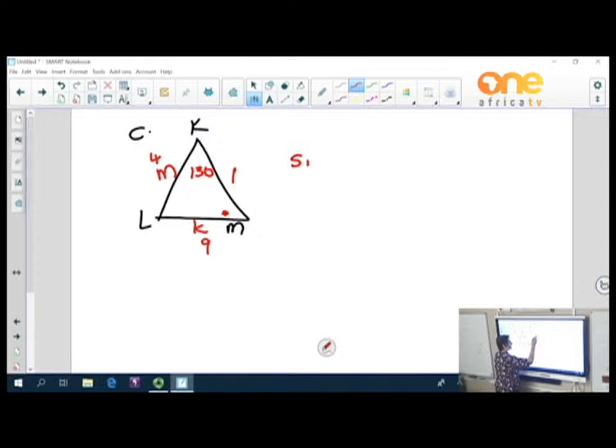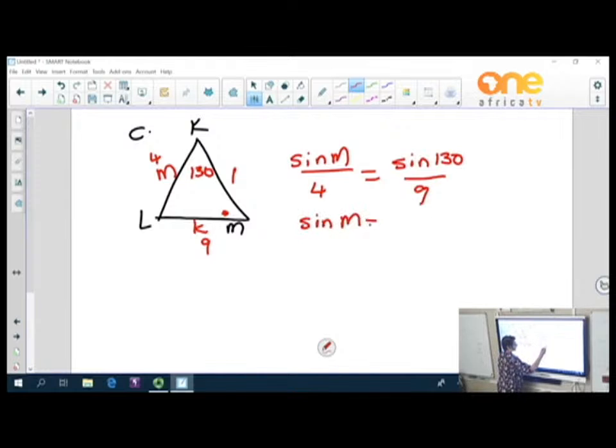So sine M over 4 is sine 130 degrees over 9. So sine M is then 4 times sine 130 divide by 9.